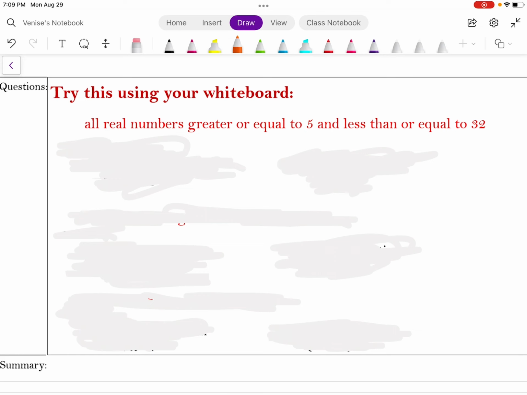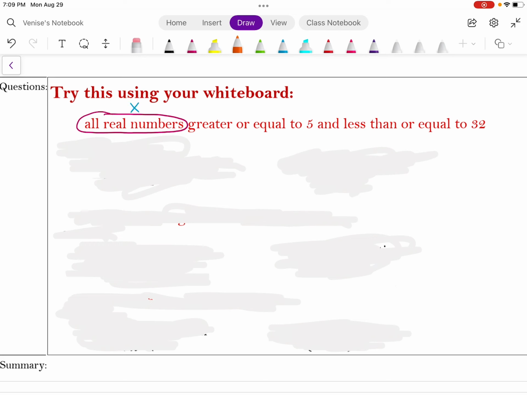So let's do an example here. First, let's read it. All real numbers greater or equal to 5 and less than or equal to 32. Now let's annotate it. What do I know? All real numbers. So that can be any variable you want to choose. I will use x.